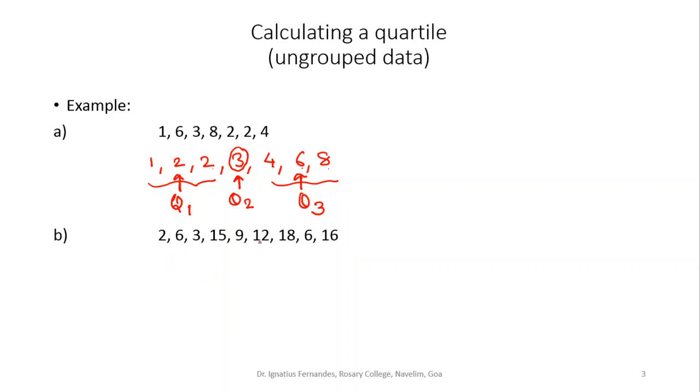The minimum here is 2, then I have 3, then 6, in fact 6 is repeated twice, so 6 and 6, then 9, then 12, then 15, then 16, and the last one is 18.